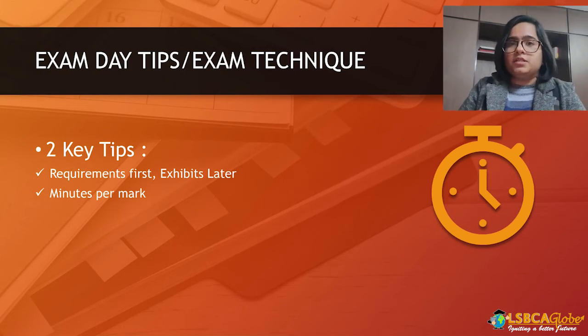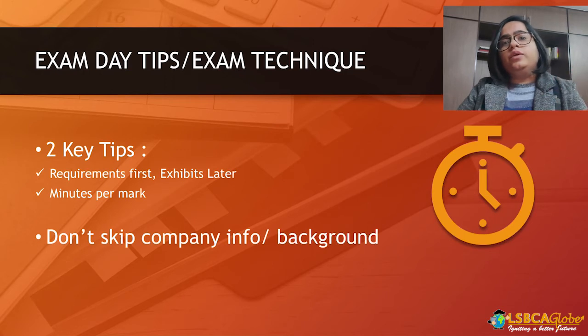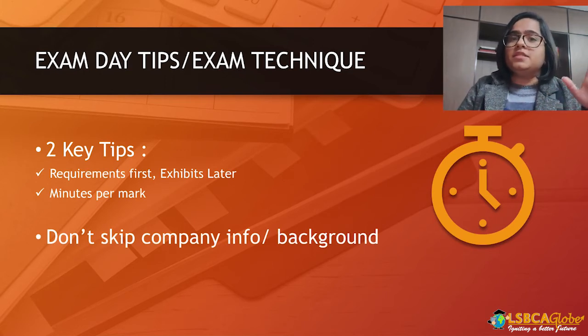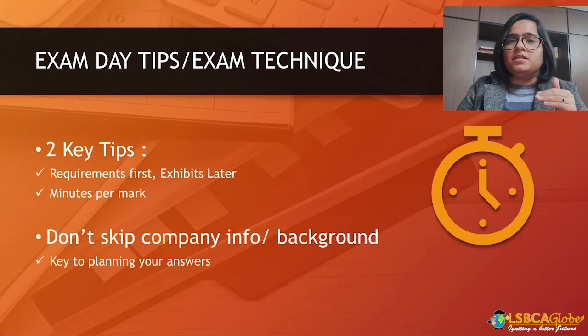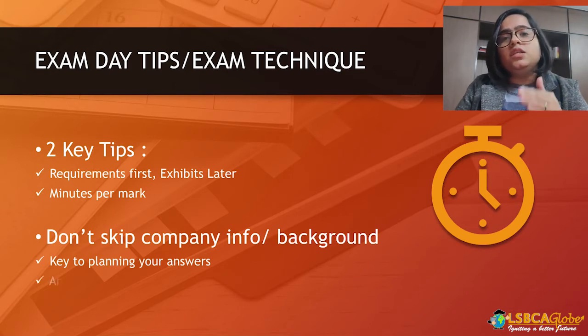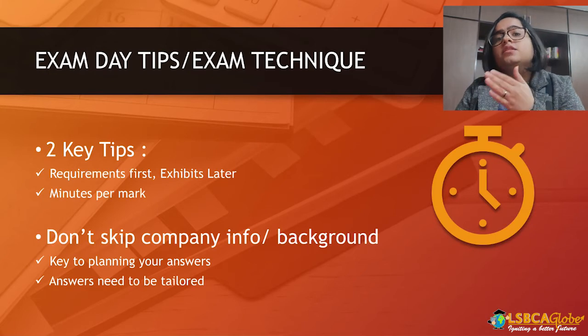Another important tip for the exam day is do not skip the company background or information. Many students just quickly go through the requirements and exhibits and completely miss this important information. But this is key to planning your answers, because for the APM exam, your answers need to be tailored to the circumstances that the company operates in.